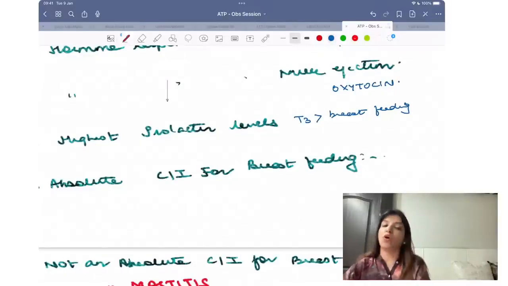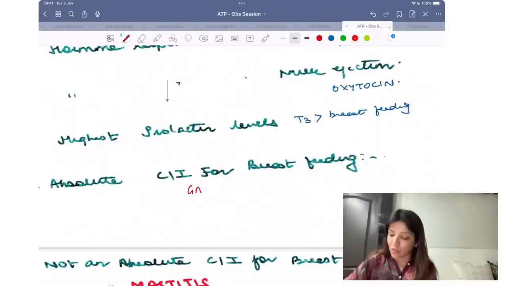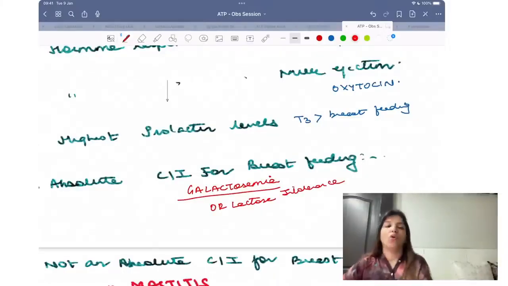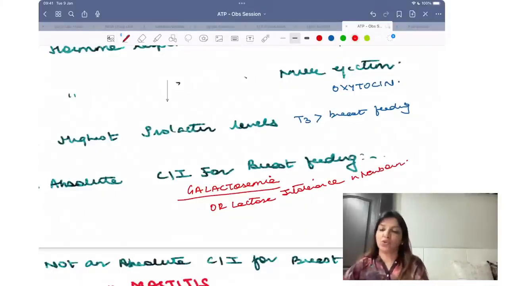What is an absolute contraindication for breastfeeding? Absolute contraindication for breastfeeding is galactosemia or lactose intolerance in the newborn baby, right?